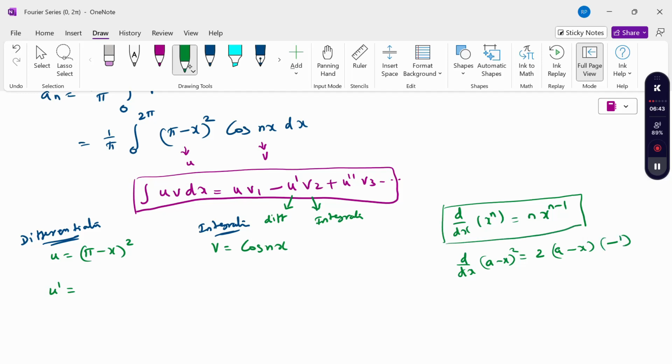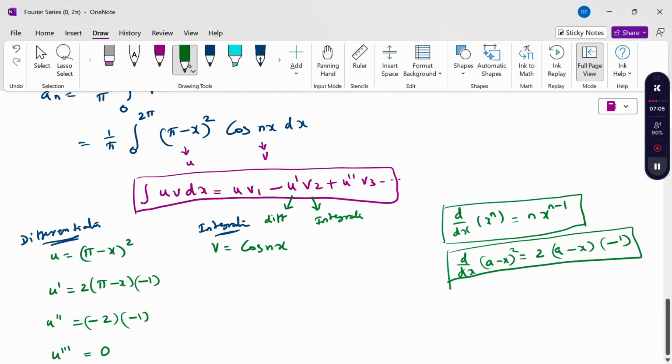Therefore u dash is 2 (pi minus x) into minus 1. Differentiating again, u double dash is minus 2 into minus 1, which is 2. When I differentiate again, u triple dash is 0.